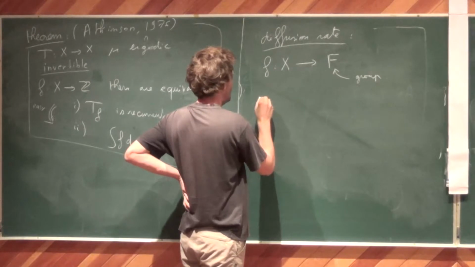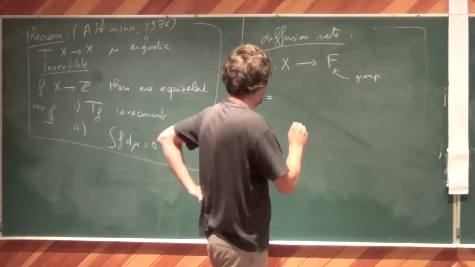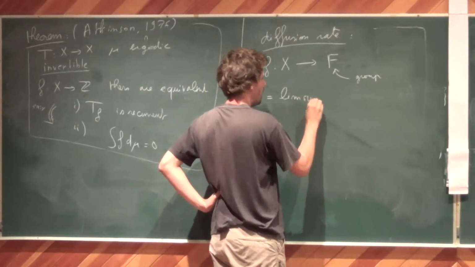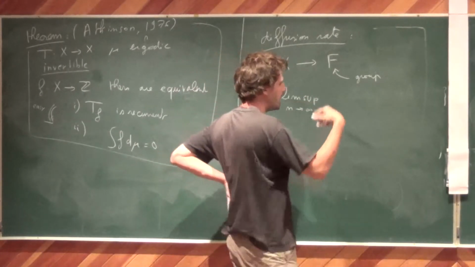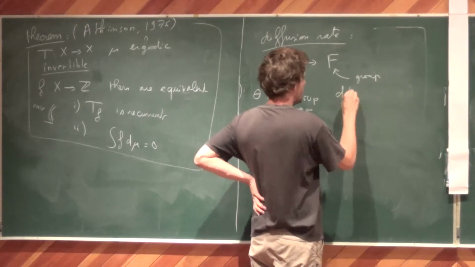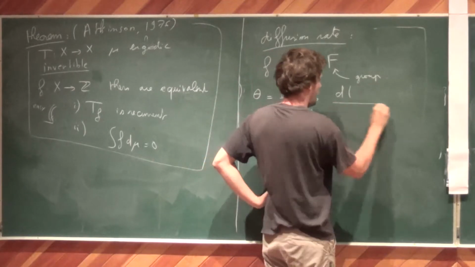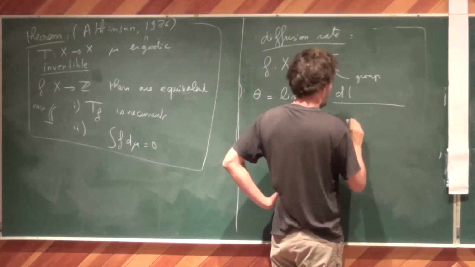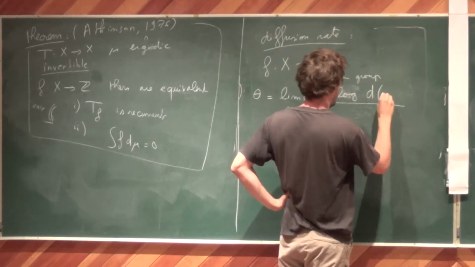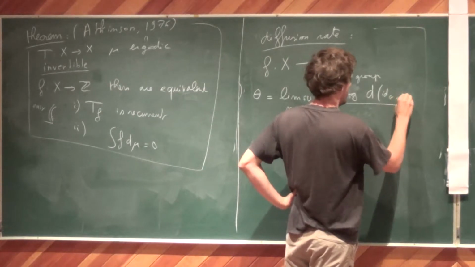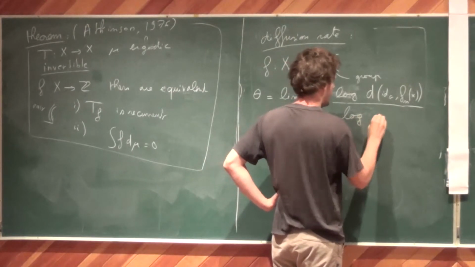Diffusion rate, so what is it? Theta. This is a growth, the lim sup, the very same way Samuel introduced it. You look at the farthest distance you get up to time n, because now this is discrete time. So this is a distance in the Cayley graph. You pick a Cayley graph of F. There is a log: the distance of the identity to f_n of x, over log n.